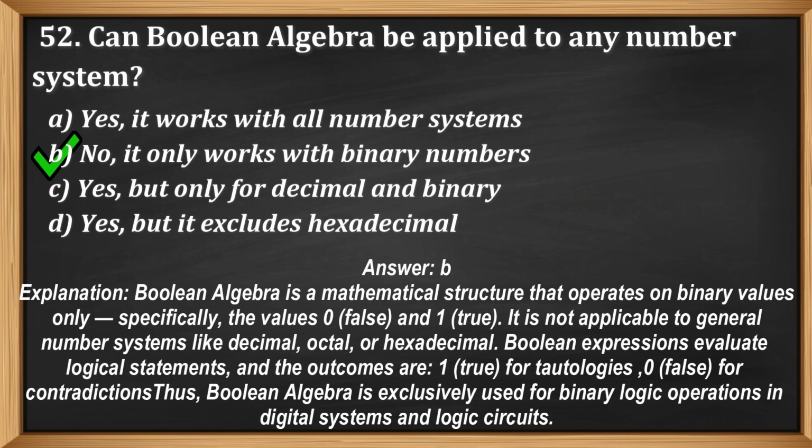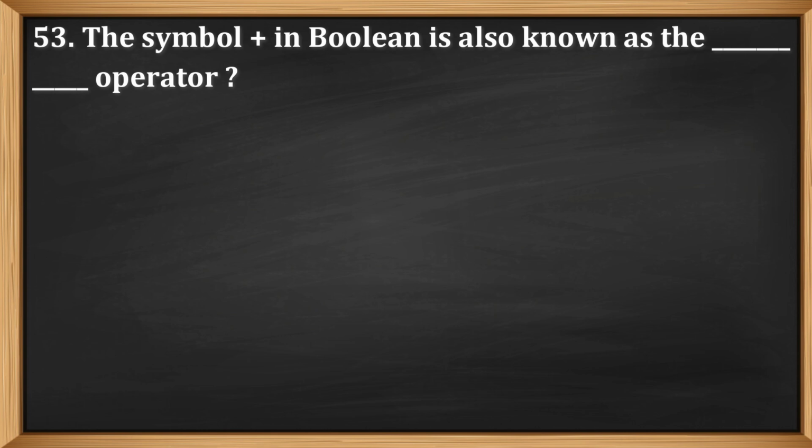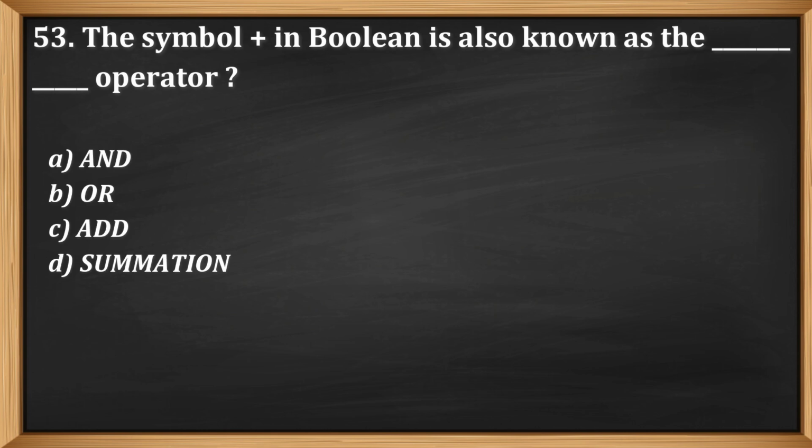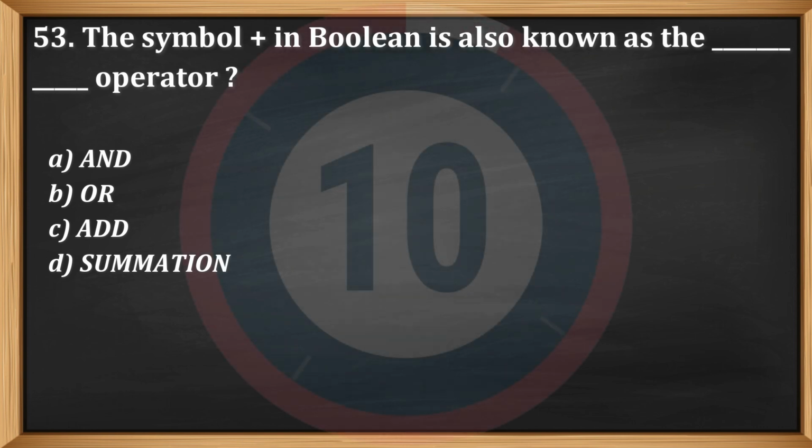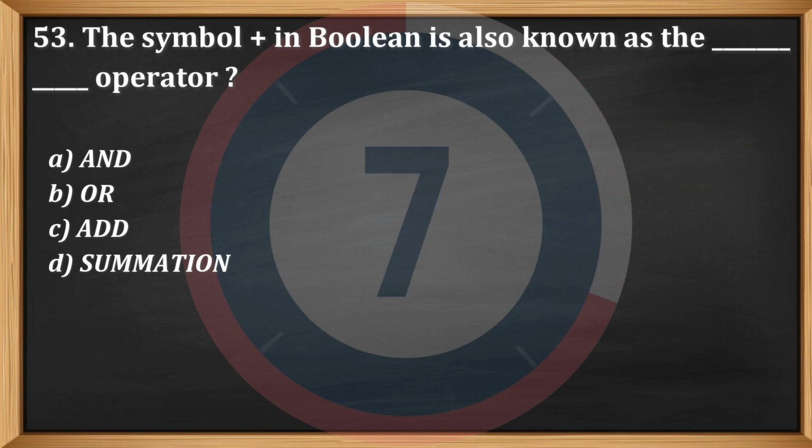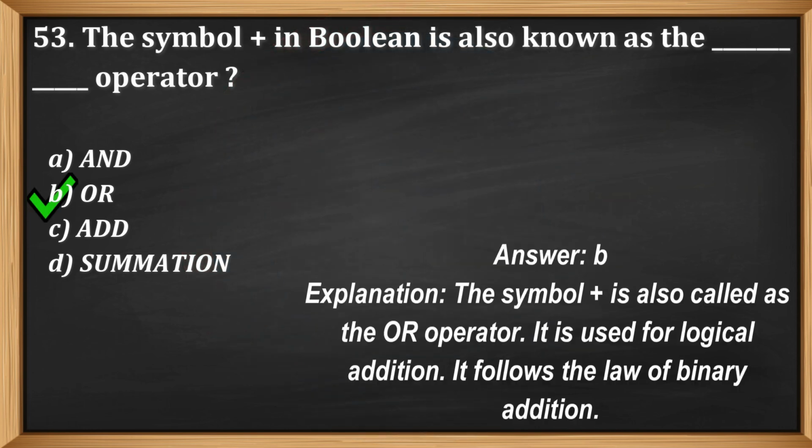Option B, no, it only works with binary numbers. The symbol plus in Boolean is also known as the dash operator. Option B, OR.